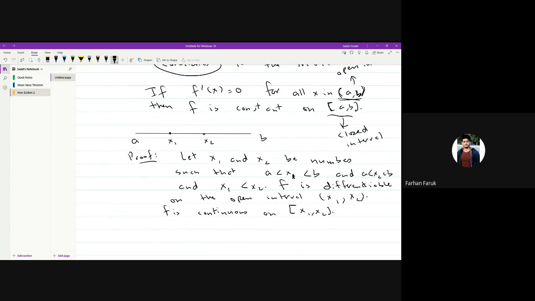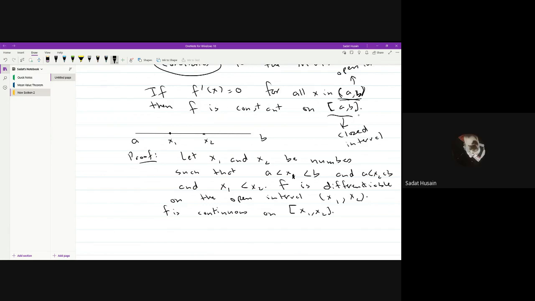So instead of taking a and b, can we not say that x1 and x2 also satisfy the conditions for the mean value theorem? Yes, right.